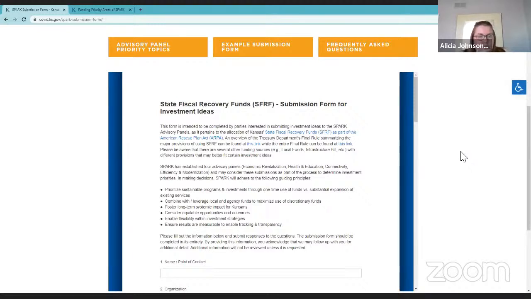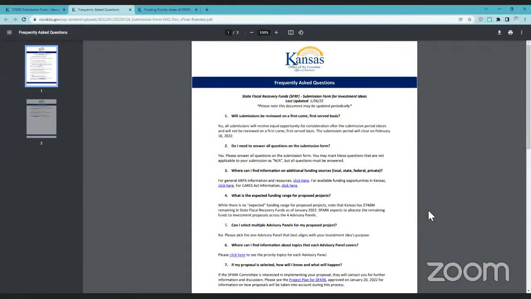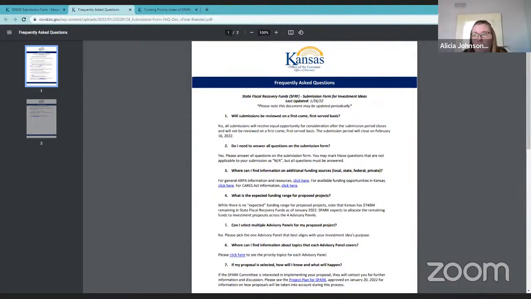I think that this goes to the idea of having more program ideas than specific project ideas. So I wouldn't put trade secrets and things like that into the submission form. Thanks, Alicia. Alicia, can you just describe that distinction between project and program a little bit so they're further understanding? So when I think about it, a program would be something similar to the $100 million in economic development that the SPARK committee passed out.